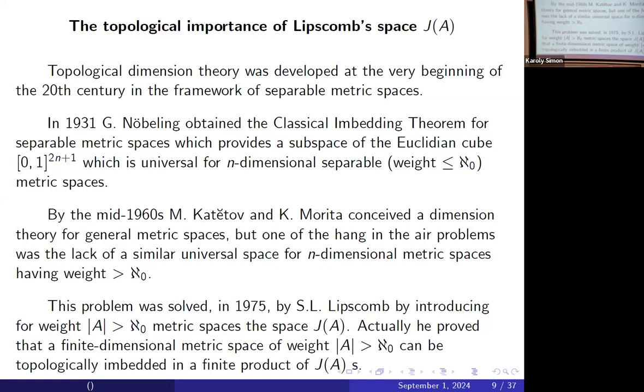And the problem was solved in 1975 by Lipscomb just by introducing this space JFA. And actually, Lipscomb proved that for a finite dimensional metric space, which has the weight greater than Aleph 0, we can embed it topologically in a finite product of JFAs.